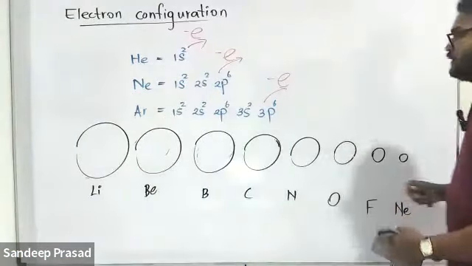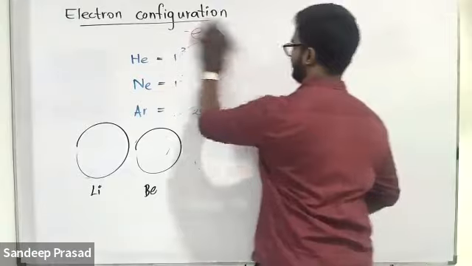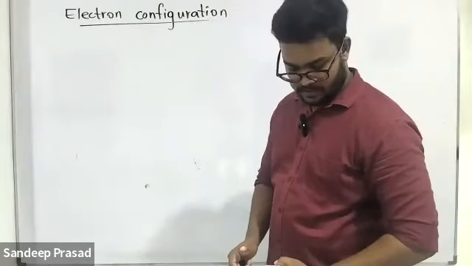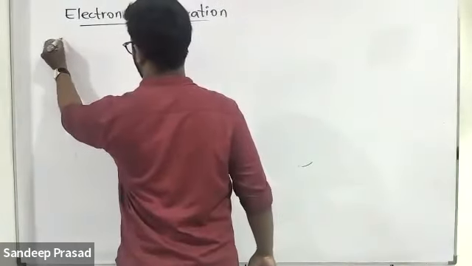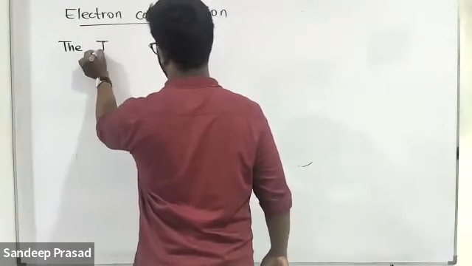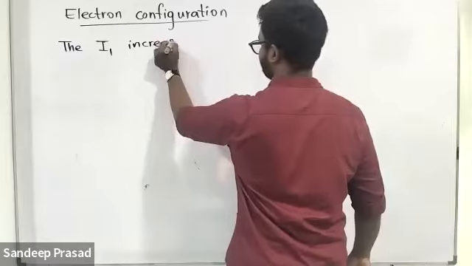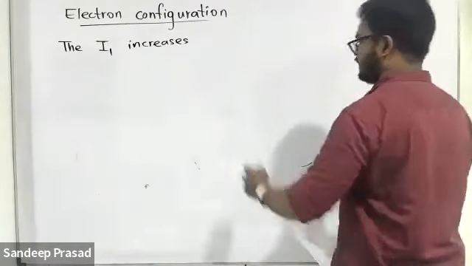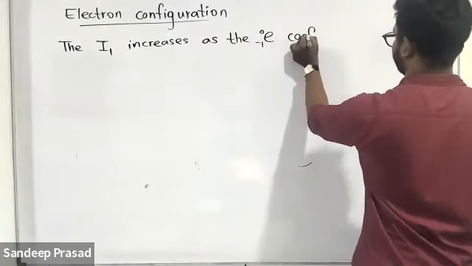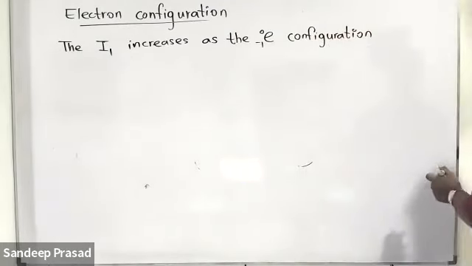Right. Write down the explanation for the electron configuration with me under the electron configuration. The first ionization energy, let's write simply I1, the first ionization energy, increases as the electron configuration stabilizes.